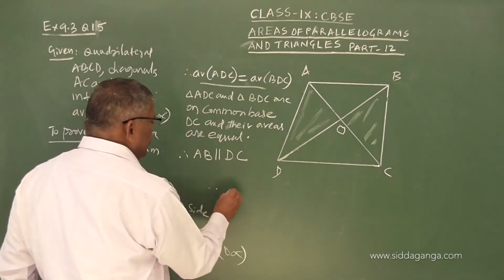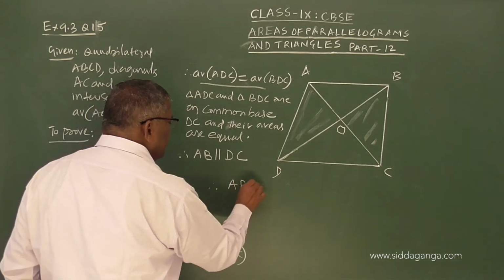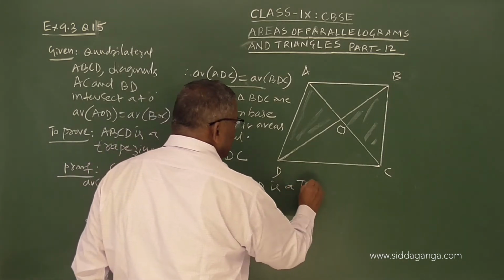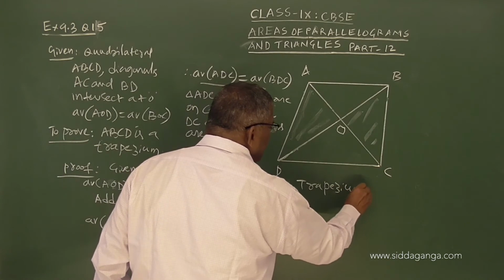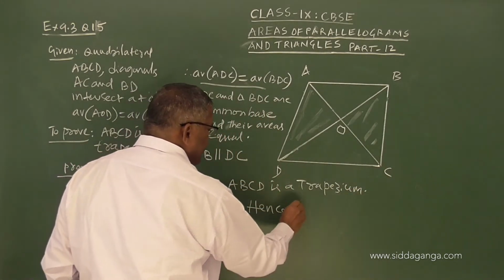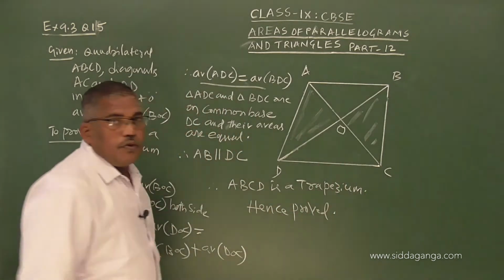So therefore ABCD is a trapezium. So hence proved.